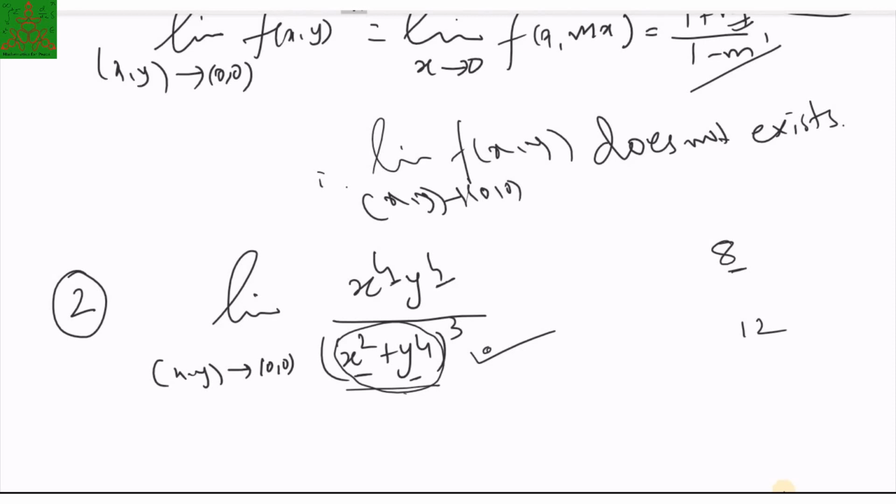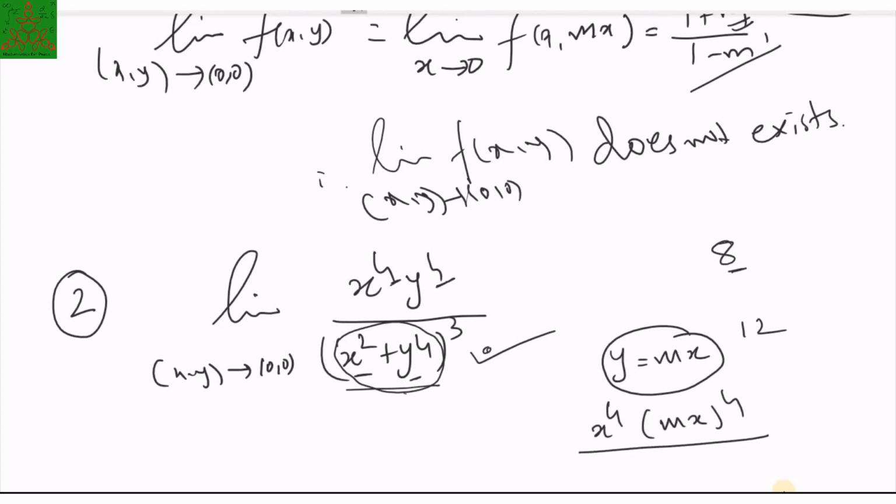From that observation now you need to choose a path. What can you choose as a path? So here it is x power 4. If I take y equal to mx as in the previous example, what will happen is, if you replace that value, x power 4 times m power 4 x power 4 upon x square plus m square x square, whole cube.